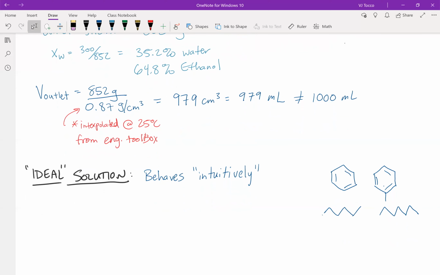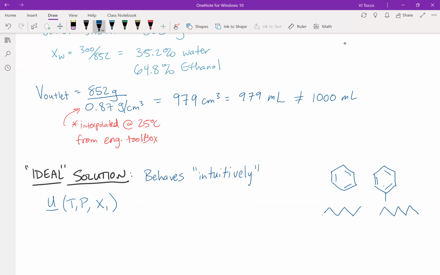So an ideal solution, when I say it behaves intuitively, that means that if you wanted to calculate any thermodynamic property, say for instance internal energy, you would say that the internal energy is a function of temperature and pressure, and also you need the composition now. So T, P, and X1, these are for a binary mixture. For a binary mixture, you don't need X1 and X2, you only need the mole fraction of one component because the other one is set, because they have to add up to 1.